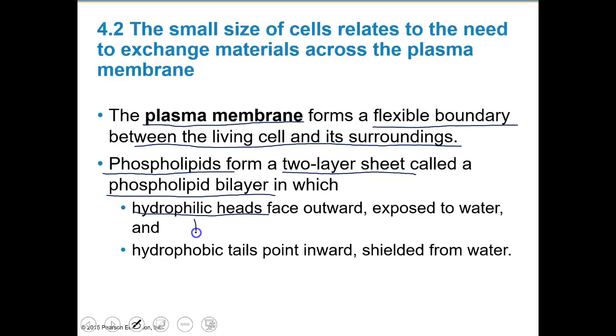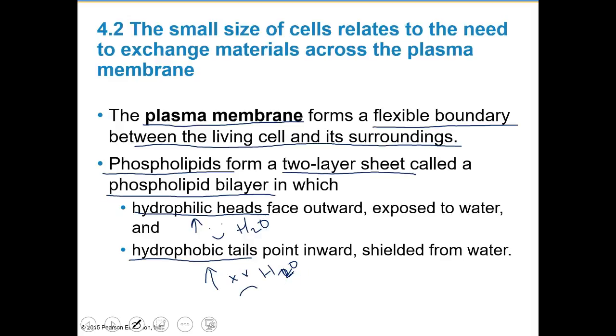They're hydrophilic because they like water, so they get along with water. So they're a little bit polar on the outside, and they're exposed to water. Then we have hydrophobic tails, so these guys do not get along with water. And they're going to point inwards towards each other and be shielded from that water.